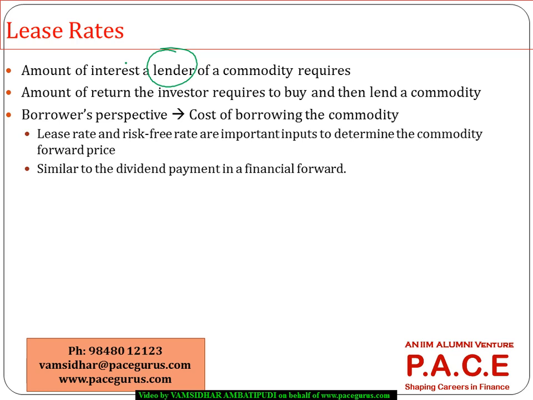So from an investor's perspective, we are looking at the return. If I have lent to you and you have sold it, you have borrowed gold from me, let's say at 5% interest. That is what we are calling the lease rate at 5%. Now you have shorted the gold. You have sold it right now with the intention that the price will fall drastically.